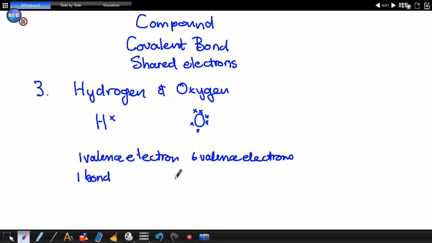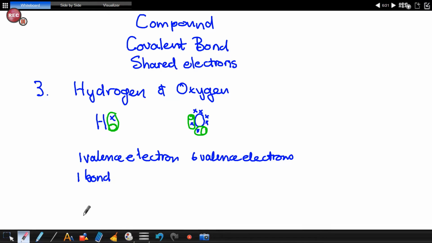Because if you do it that way, you can see how many bonds the oxygen can form. The bond is there where you only have 1 electron. So there you can have a sharing of electrons, and here you can have a sharing of electrons.